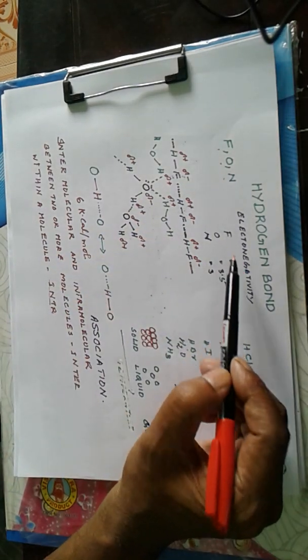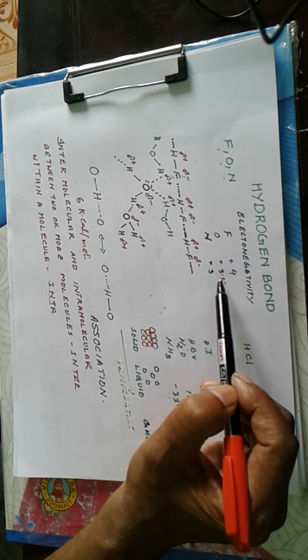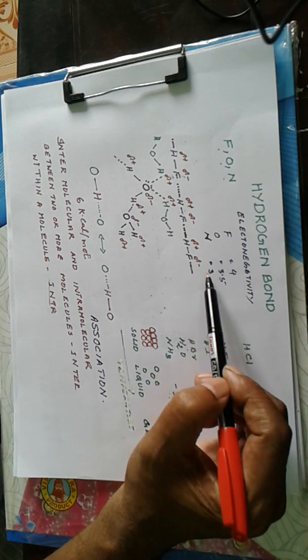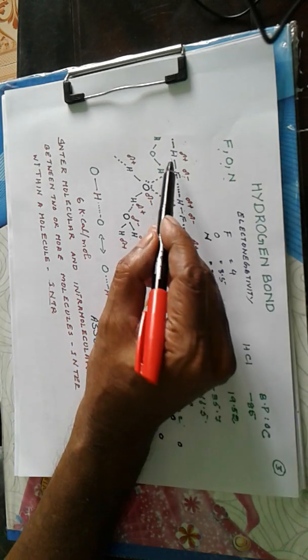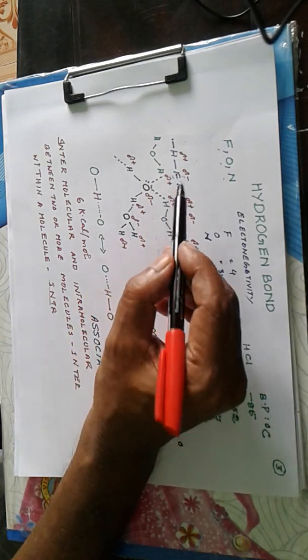The electronegativity of fluorine is 4, for oxygen it is 3.5, for nitrogen it is 3. Now hydrogen bonding is the bonding between the hydrogen atom of a polar bond and another electronegative atom like fluorine, oxygen and nitrogen.